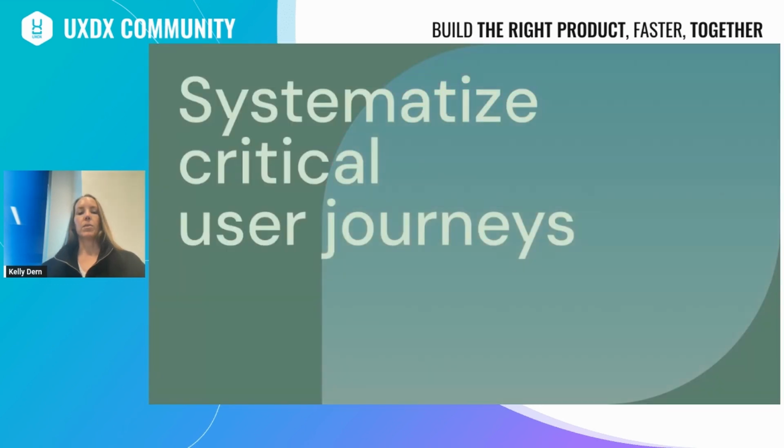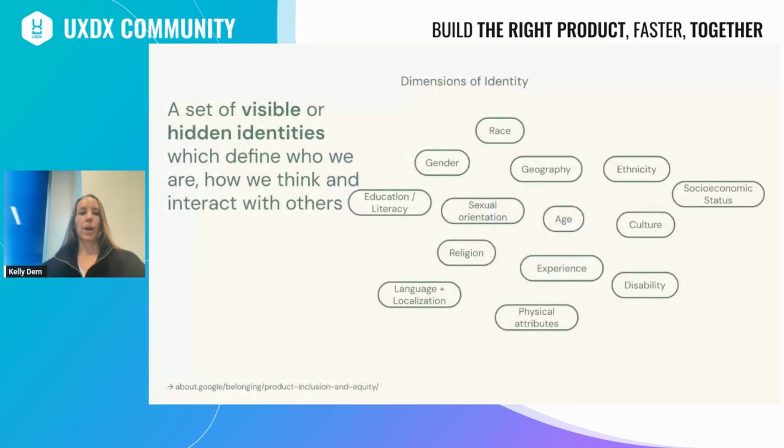And we can avoid these things from happening by systematizing our critical user journeys. As individuals, we all have different dimensions of identity, which are hidden or visible identities, which define who we are, how we think, and how we interact with others. That can be your education or culture or age or experience.